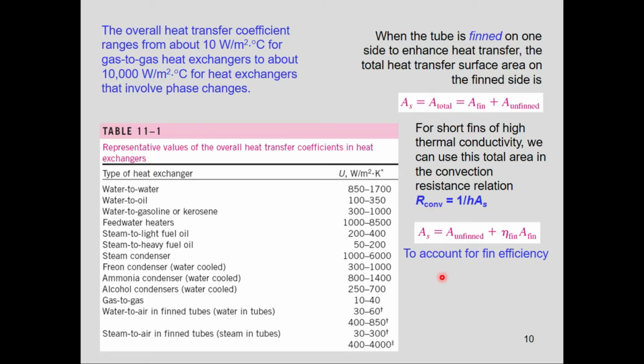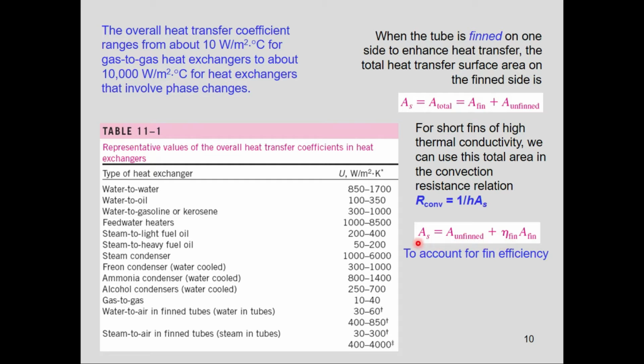So usually when we install the external surfaces on a particular heat exchanger, there is some efficiency, meaning the extended surfaces or the fins are efficient up to some percentage. So we have to add the fin efficiency as well when we determine the overall surface area. We just incorporate the efficiency of the fins in this formula for the total surface area.